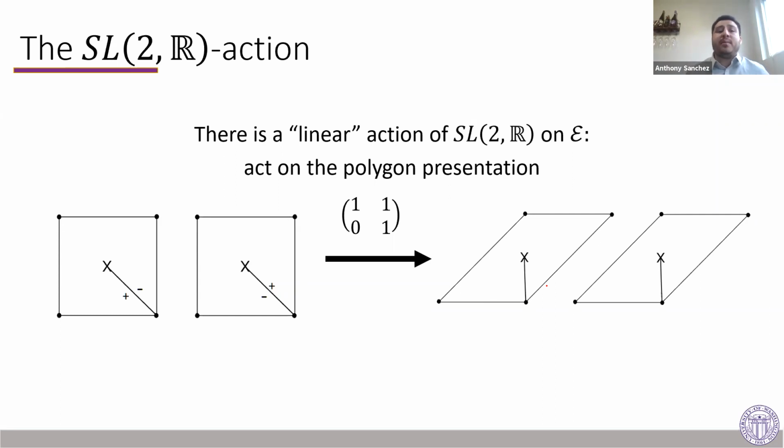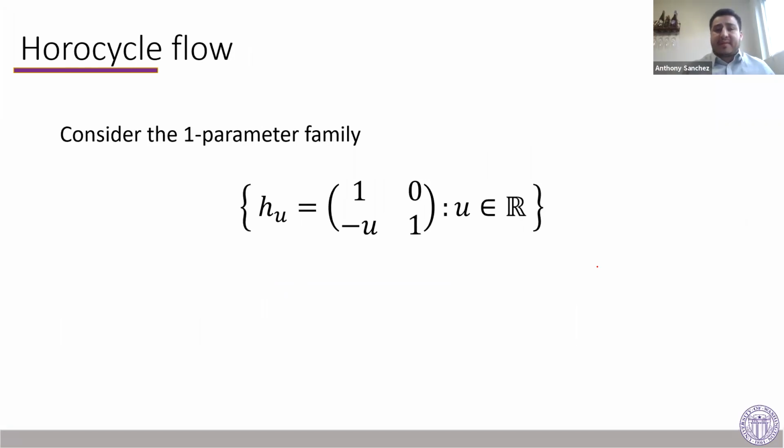And this is what I mean by the dynamics in the space of translation surfaces, or the dynamics in the space of double slit tori, just given by the natural linear action of SL2R on the polygon presentation. And out of SL2R, I want to consider the following one parameter family of matrices that I'm going to call the horocycle flow, given by the lower unipotent elements.